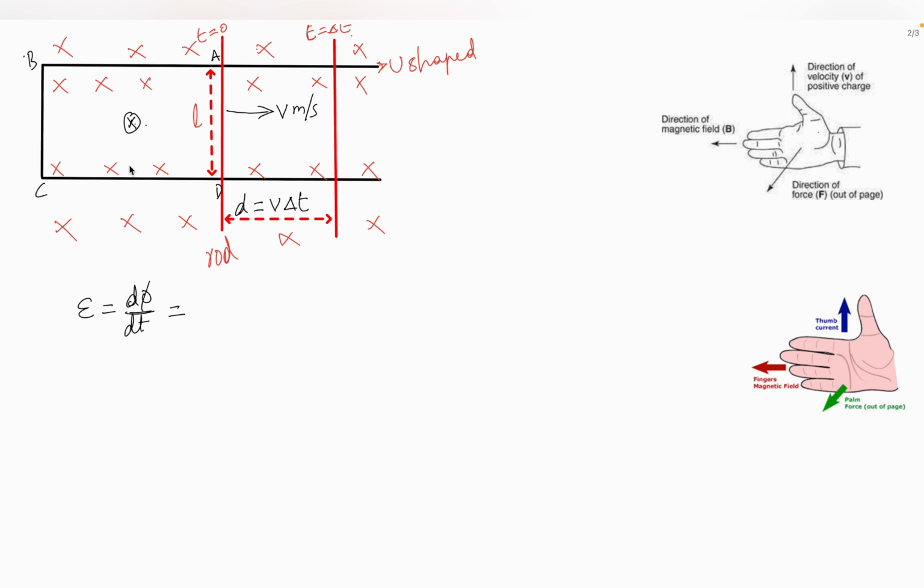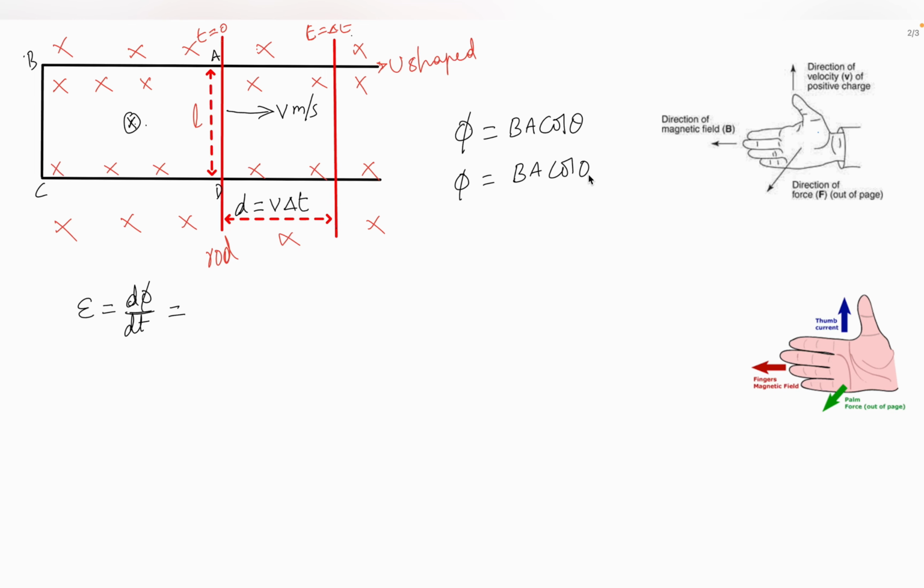Here cos theta is equal to 1 because theta equals 0. So for our case, phi is given as BA cos theta, where phi is the magnetic flux, and here cos theta is equal to 1 because cos 0 is 1.